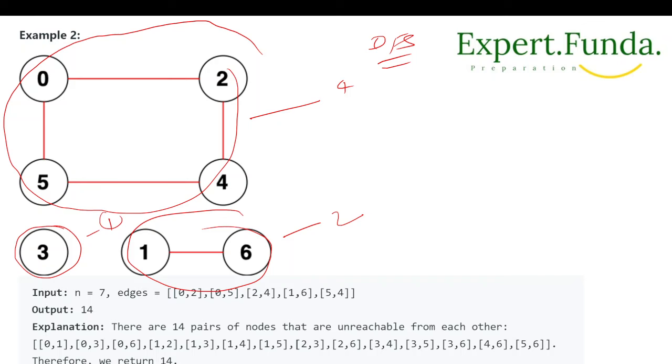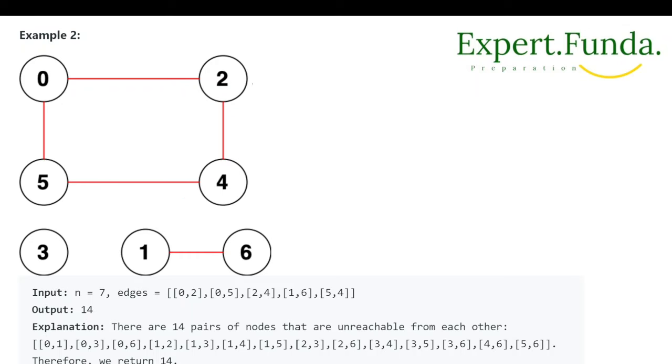Except for the nodes in their own component, these 4 nodes cannot reach any other nodes. They cannot go to here or here, right? So let me clean this. These 4 nodes cannot directly connect with this one.